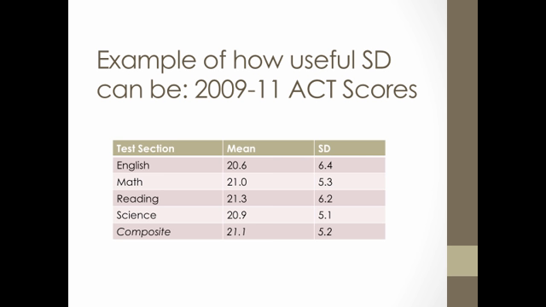So calculating that out, 20.6 plus 6.4 is 27, and 20.6 minus 6.4 is 14.2. So we can say that about 68% of students will score between a 14.2 and a 27 on the English section of the ACT.